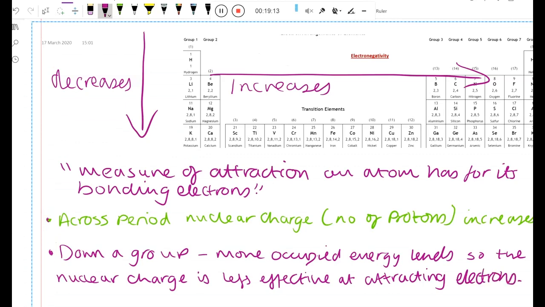So as we go down the group, you've got more occupied energy levels, so the nuclear charge is less effective at attracting other electrons.